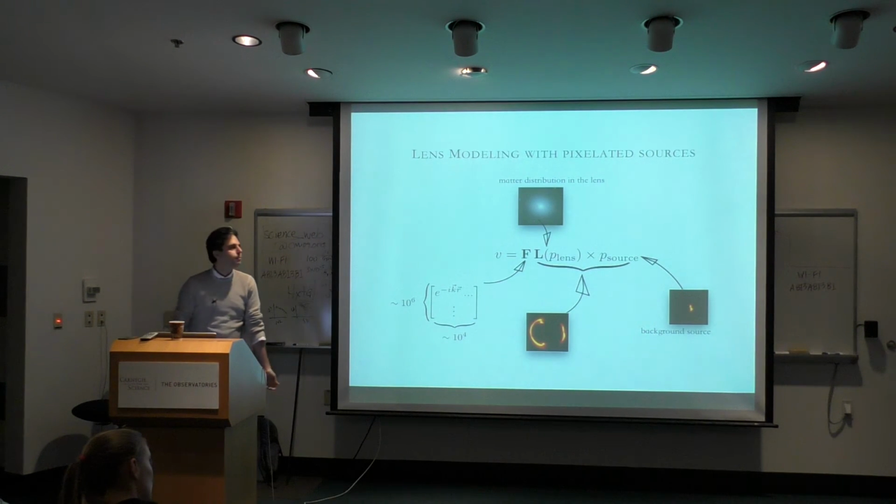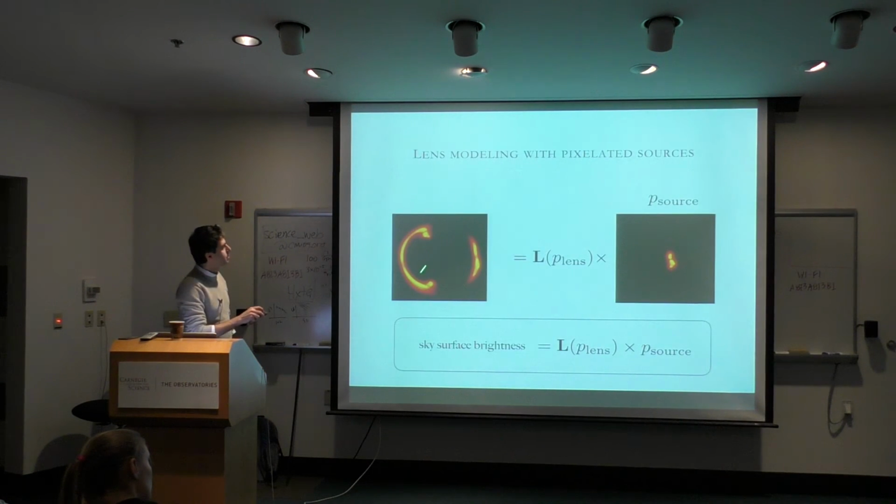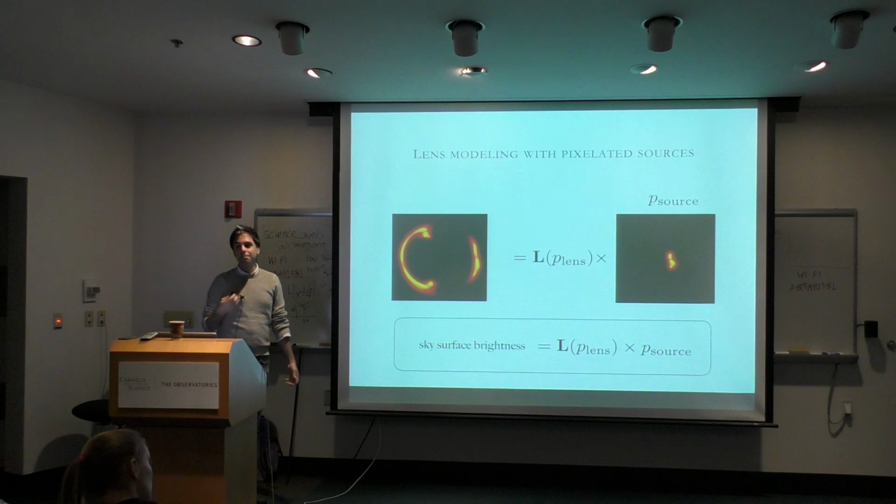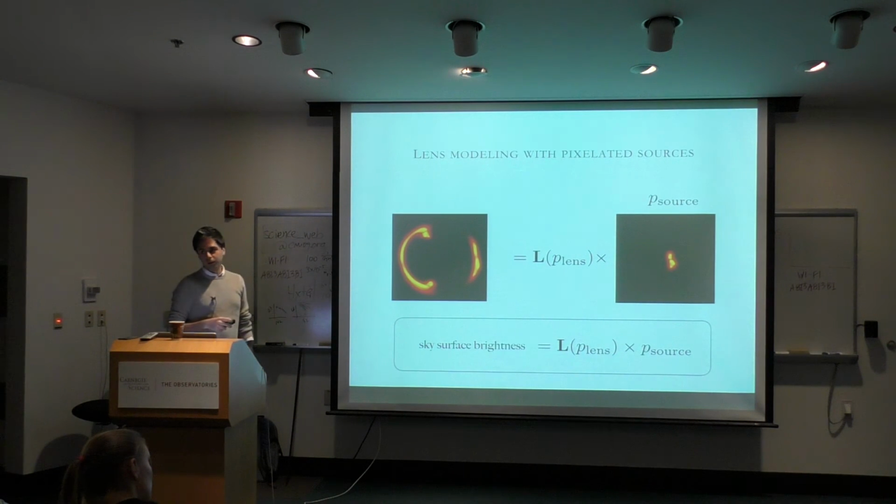So I think the main prior that you have on this is that these images all come from the same one background source, right? So actually, you're right. There is one solution to every strong lensing problem, which is that there is a background source that just looks like that, and there's nothing in the middle. Believe it or not, we used to talk about that a lot with my advisor during my PhD, and now I run into this all the time. Actually, my code comes up with that immediately.